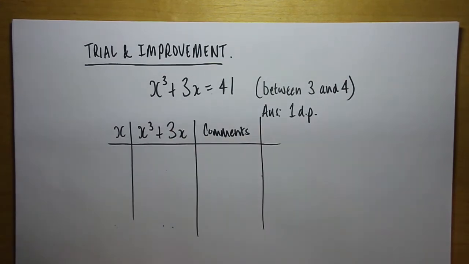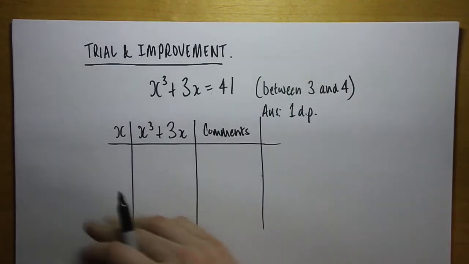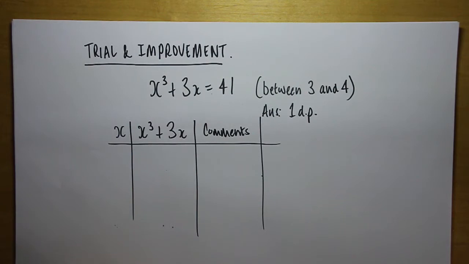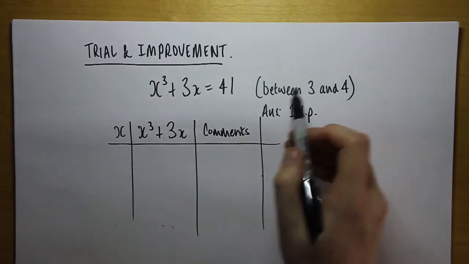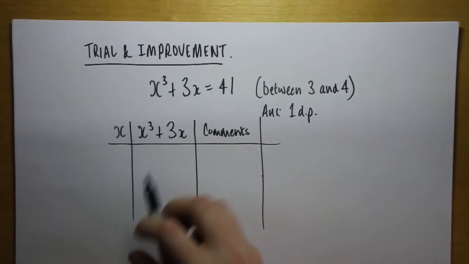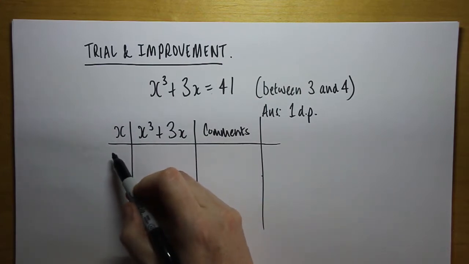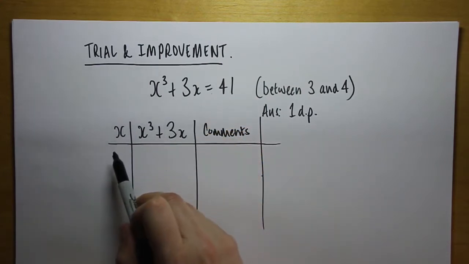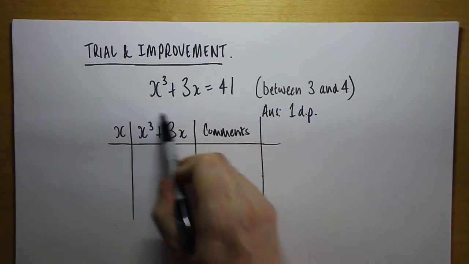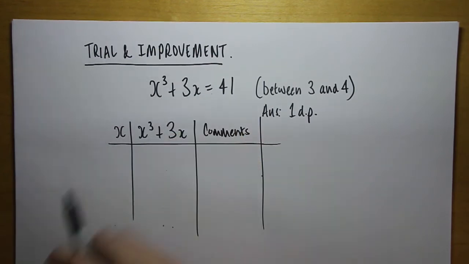Now the easiest way to explain it is by way of an example, so we'll just jump right ahead and start. We're looking for a value of x that is between 3 and 4 which satisfies this. We will make a guess. We will substitute that value into our expression here and see if it gives us anything near 41.